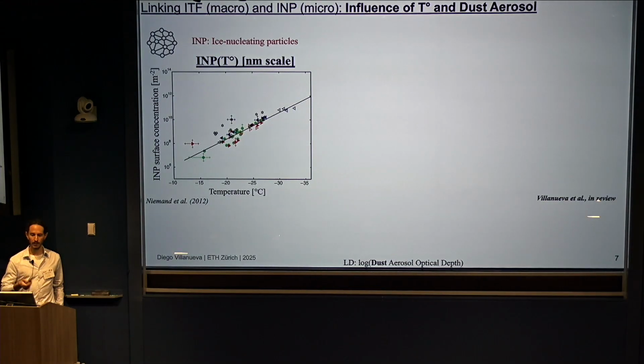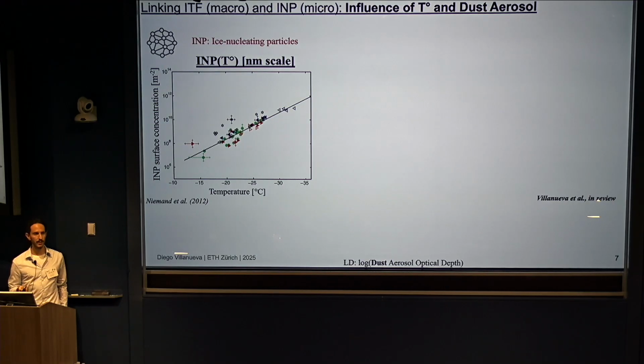So what we know from the laboratory is if you get droplets to freeze at different temperatures with different surface concentrations of aerosol, then you see that basically you have an exponential curve relating the temperature and how many active INP sites, so ice nucleating sites, you have within your droplets.